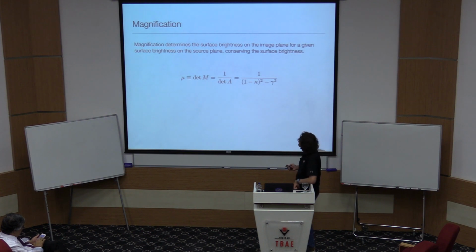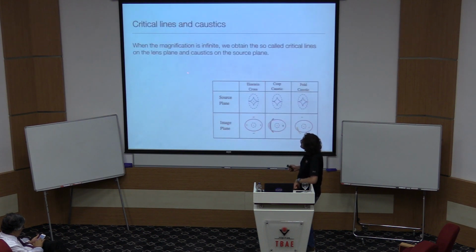That's the mathematical definition. And when magnification is infinite, we get certain contours called critical lines on the image plane and caustics on the source plane. Those are very important lines. So on the source plane, let's just look at this row first. Here, for example, the source is aligned almost with the line of sight. So you get two surfaces.